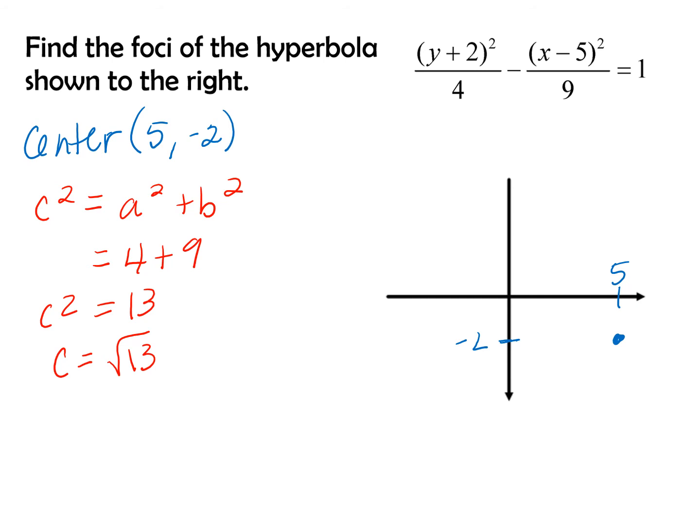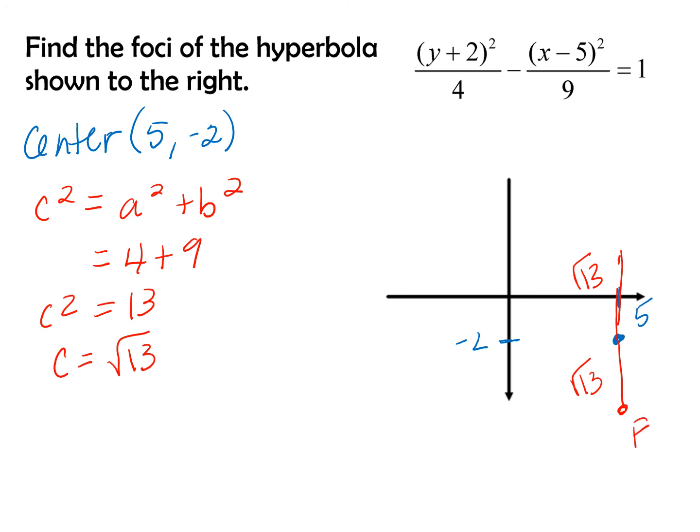Again, the y comes first. So therefore, we're going to go along the y-axis. I will go square root of 13 units up, and square root of 13 units down.